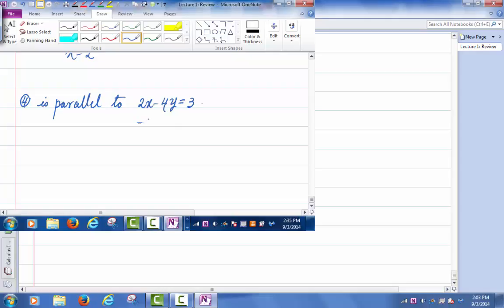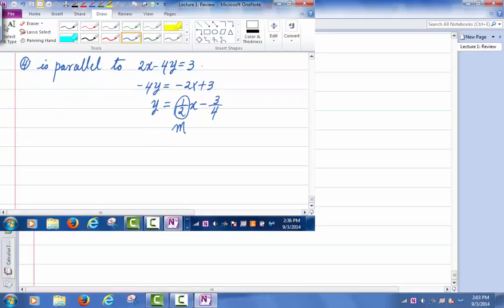So what you're going to get is negative 4y is negative 2x plus 3. So what we did is subtract 2x from both sides, and then you divide by negative 4. If you do that, do I get half x minus 3/4? You agree with that? So then the coefficient of x, that's the slope of the line. And our desired line is parallel to this one, so the slope of the desired one is also half.